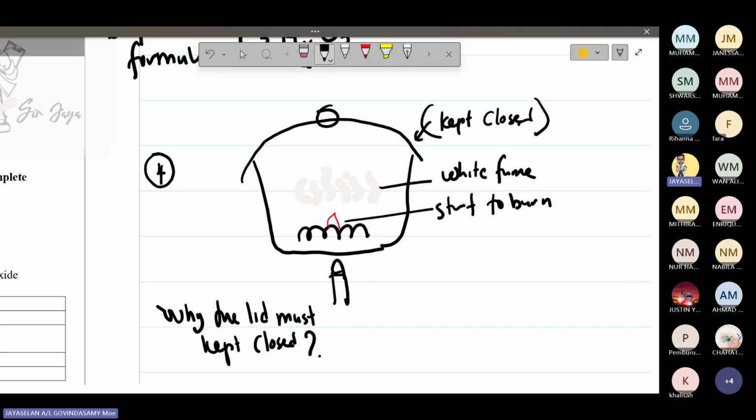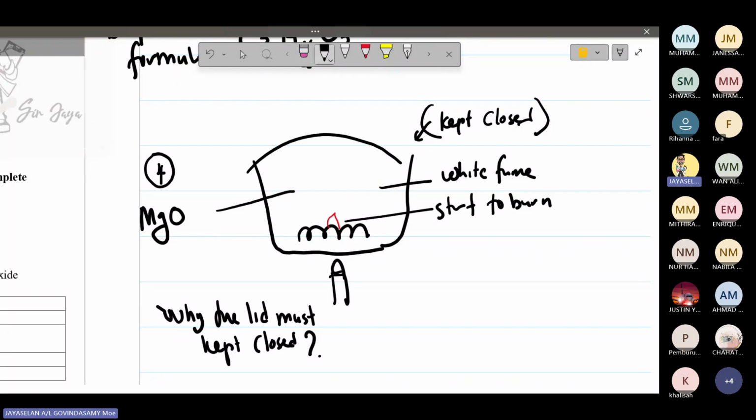Because you must make sure the white fume is not escaping into the environment, because this white fume is your magnesium oxide. So kalau you buka, what will happen? The white fume will escape into the environment. Then after finishing this, di sini kamu akan dapat banyak white color powder. You timbang mass dia, you buat calculation.